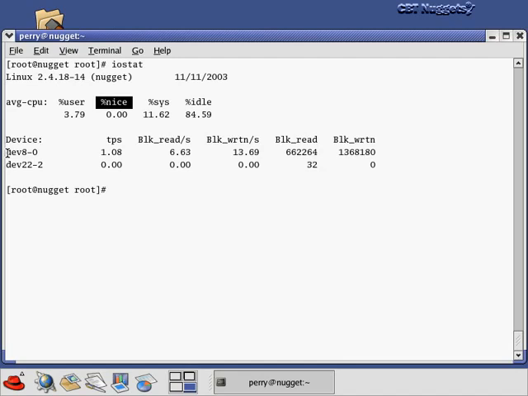Okay. Now this device is my first SCSI disk, /dev/sda. Okay. This one has to do with my CD or something like that. Okay. So this is kind of cryptic, I know, but if you want more statistics on a particular device, you can say iostat -x and then something like /dev/sda, or you could even give a particular partition here to get information.